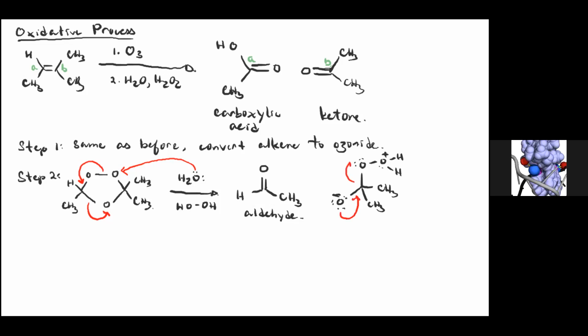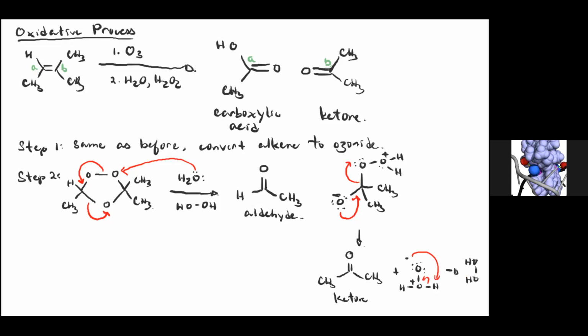So I cleave the CO bond. And so what I get then is the ketone plus O minus OH plus, and then to make it complete, we can invoke a proton transfer to get to hydrogen peroxide.